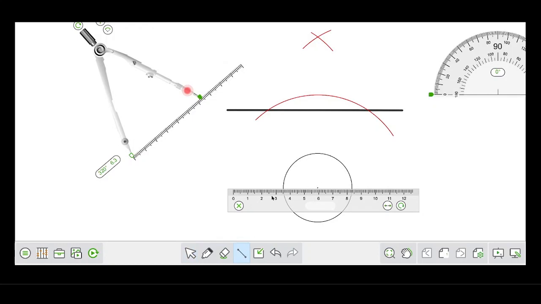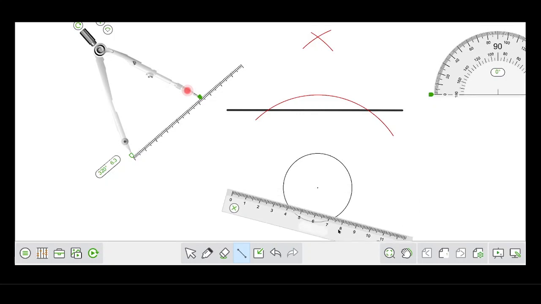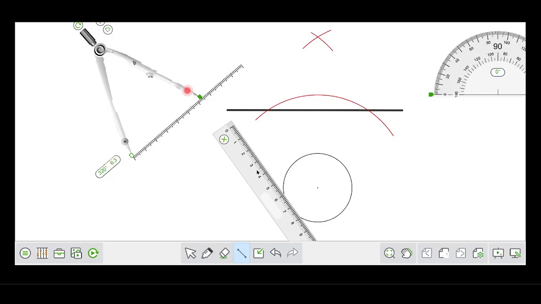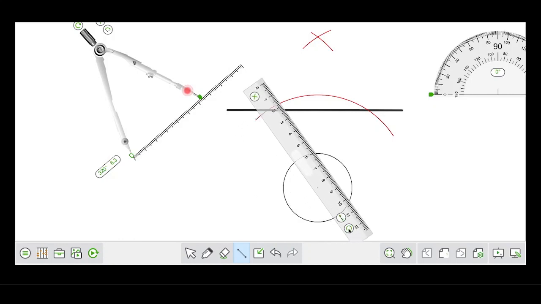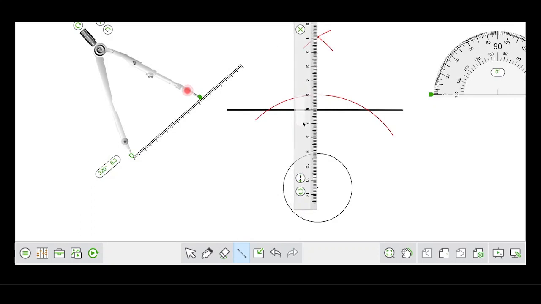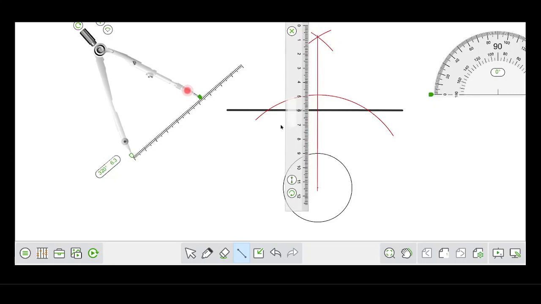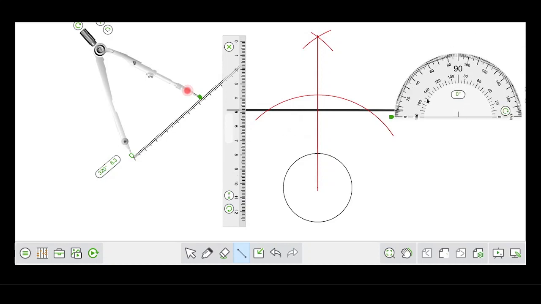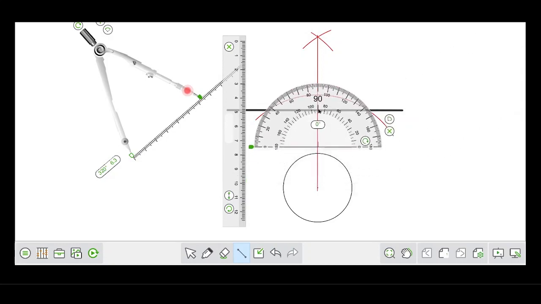Now we will make a line from the intersecting point. Then we will be able to draw a perpendicular line which passes through the intersecting point and the center.